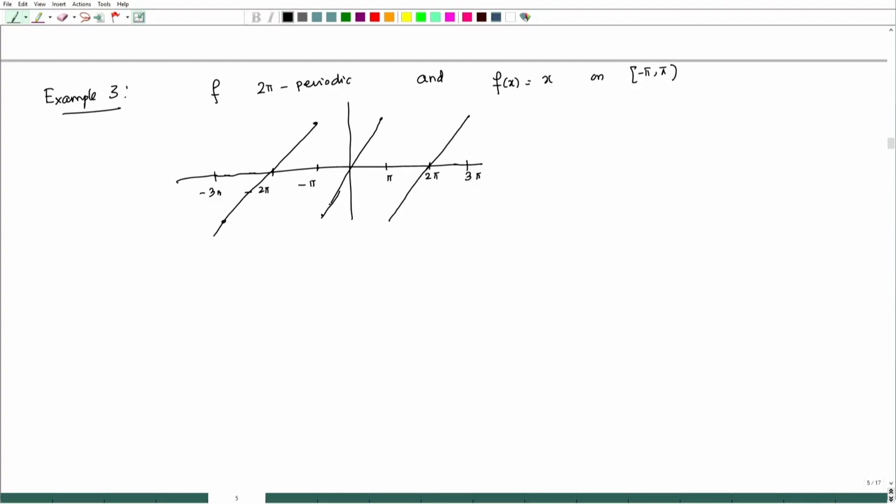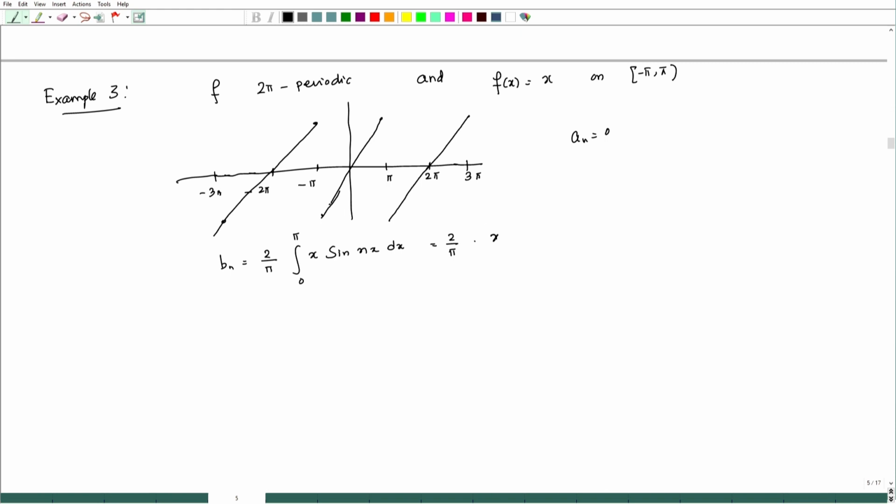Now, this is an odd function, therefore a n is going to be 0. Now we need to find b n. What we know is that b n is 2 by pi, the integral from 0 to pi of x sin n x dx. We have already computed this, but for the sake of completeness, let us see it again.